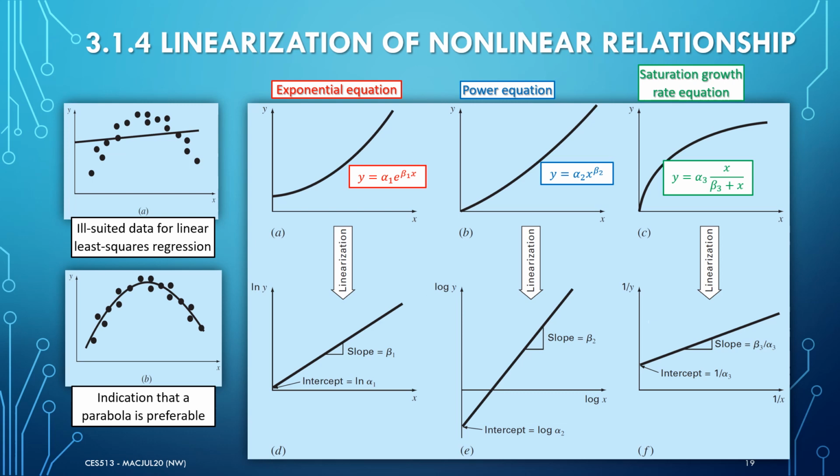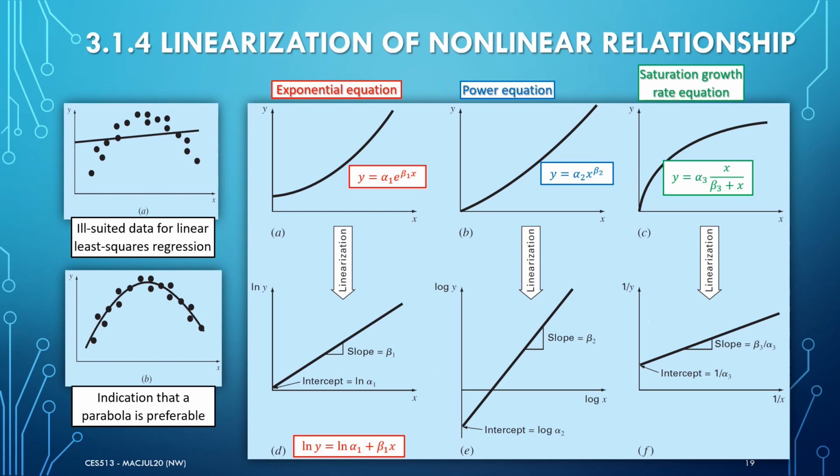For example, the exponential equation can be linearized by taking its natural logarithm to yield ln y equal to ln alpha 1 plus beta 1 x.